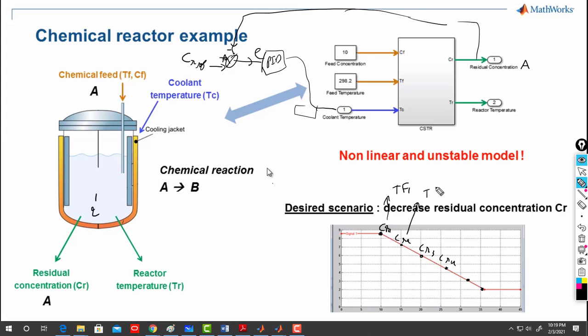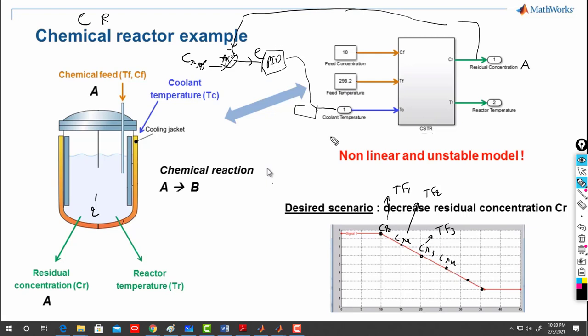So you can get a different transfer function for your plant, for your chemical reactor. This chemical reactor has different models and different dynamics depending on CR. So then how to control it? How to find the PID?